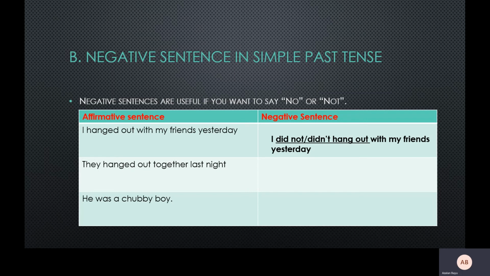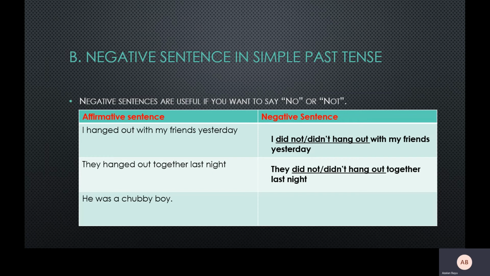Okay, so did not and didn't neutralize the word hanged out, it becomes hang out. Okay, same goes to the next sentence. From the words they hanged out last night, it changes to they did not or didn't hang out. You don't need to add ed to hang because of past tense.